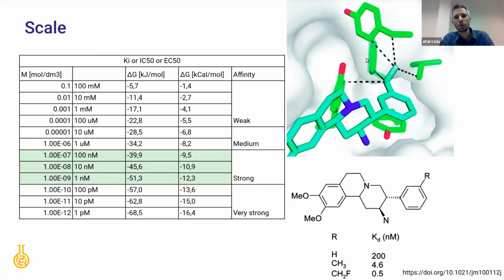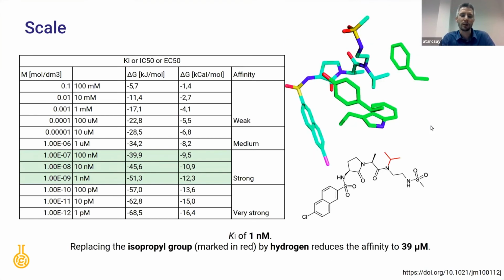It's a tiny change. In the pockets, it will form multiple interactions. As you can see, this fluorine will be in proximity of hydrogens, and that will influence the binding significantly. Another example is this ligand here, which is even bigger.